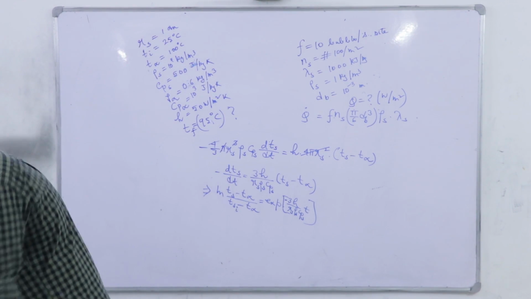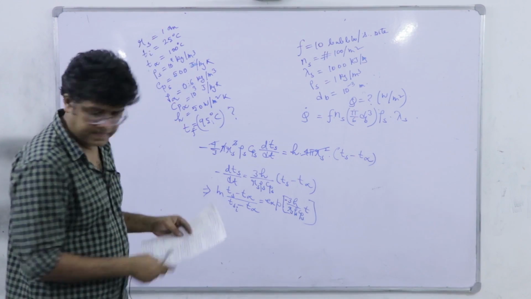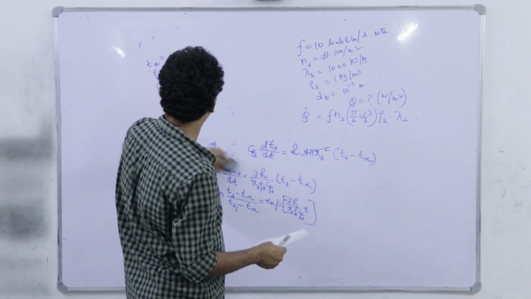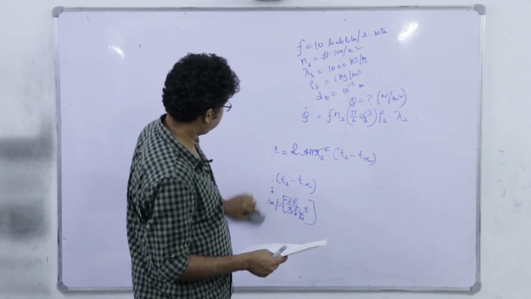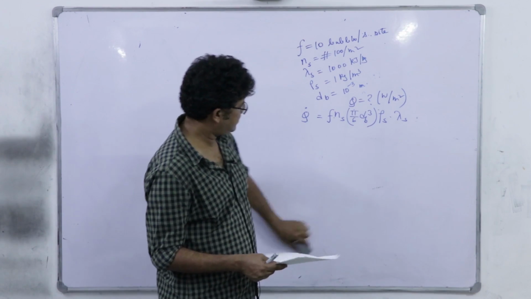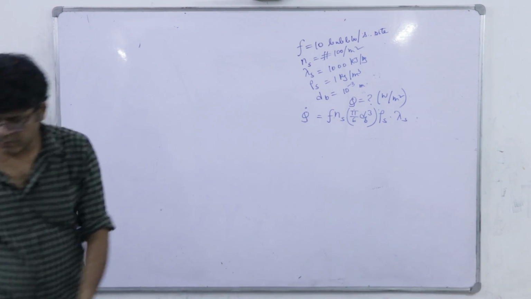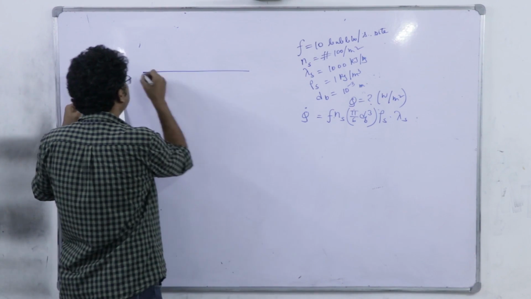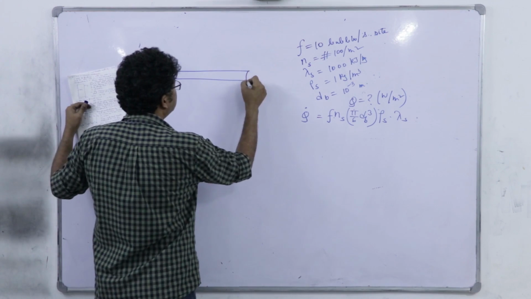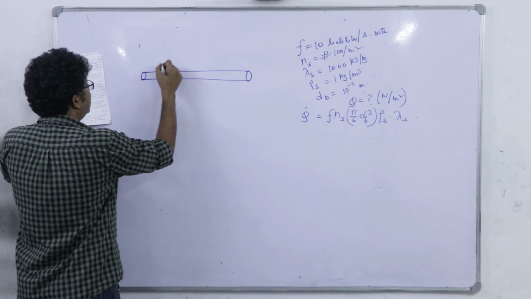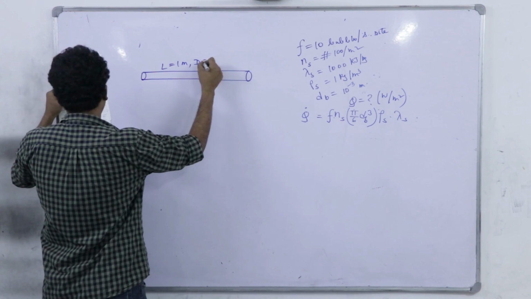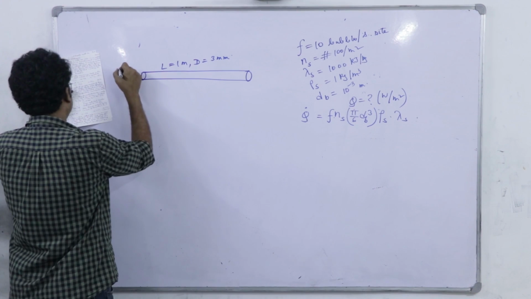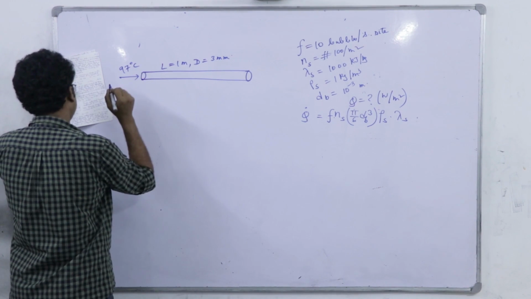See, another type of question. Water enters a thin walled tube. We have a tube of length 1 meter, diameter 3 millimeter, at an inlet temperature of 97 degrees Celsius.